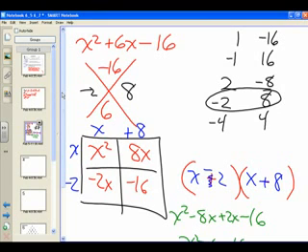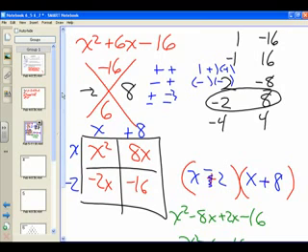This is the thing here. This tells you whether it's going to be both positive or both negative. In other words, remember I gave you a chart, right? If you have positive and positive, you're going to have positive and positive. If you have negative and positive, you're going to have negative and negative. If you have positive and negative or negative and negative, it's going to be a plus and minus.